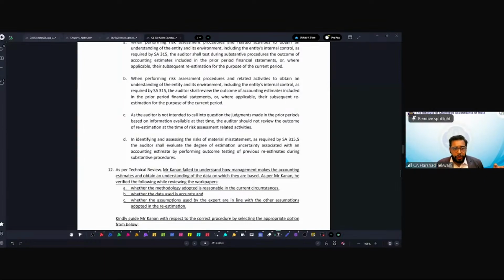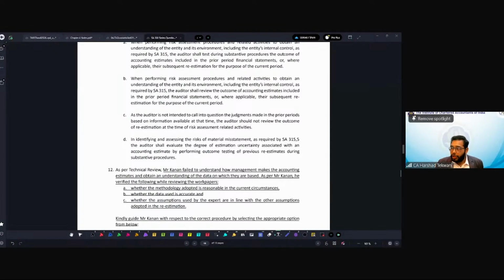I just cannot review the methodology, data used, and assumptions. It is required, but it is not only this that we are required to do. There are multiple things. For example, whether the method applied to calculate has been consistently applied.